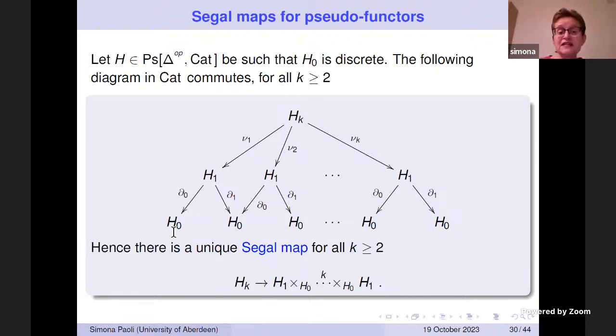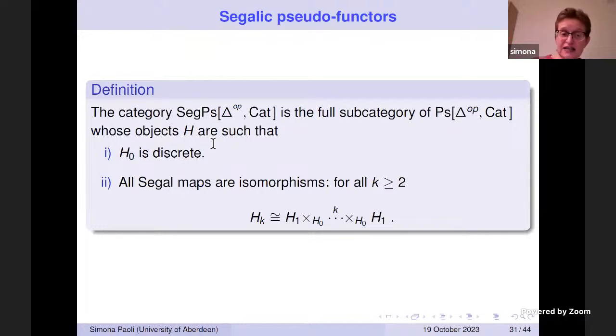But suppose that in addition H0 is a discrete category, then this necessarily commutes. So if you have a pseudofunctor where H0 is a discrete category, you can talk about Segal maps. So we say that a pseudofunctor from delta up to cat is Segalic if H0 is discrete, and then you require all the Segal maps to be isomorphisms.